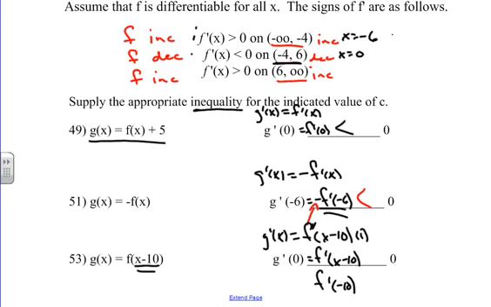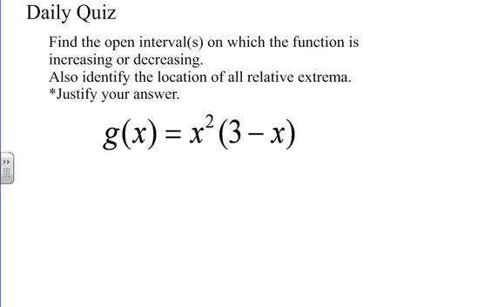When we plug in x equaling negative 10, g prime of 0 would equal f prime of negative 10, which would be greater than 0, according to our little chart. Those are the values on the derivative.